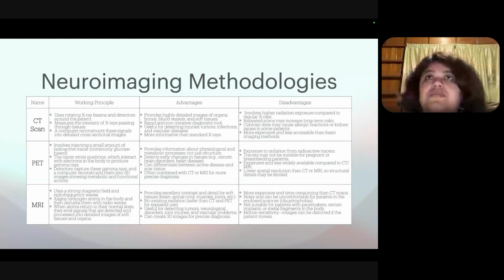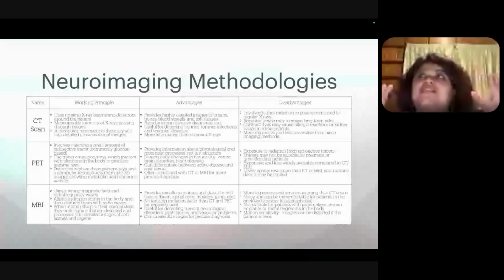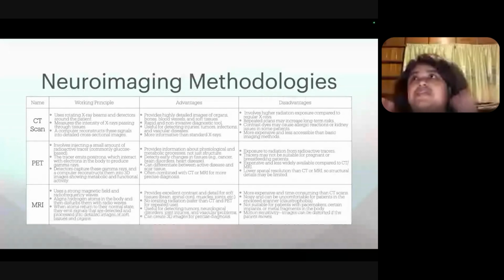The working principle of CT scan is very simple. So there is a machine. In the next slide, I have provided the images also. So in CT scan, there are usually 4 X-ray tubes inside the machine, and they are rotated across the head of the patient, and it takes the image from various angles.